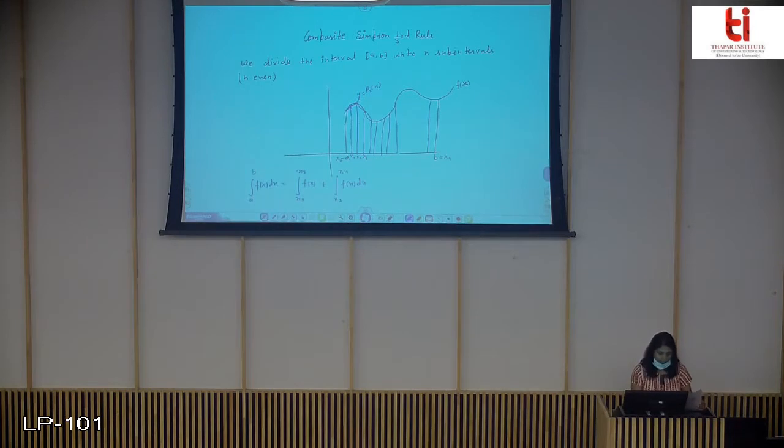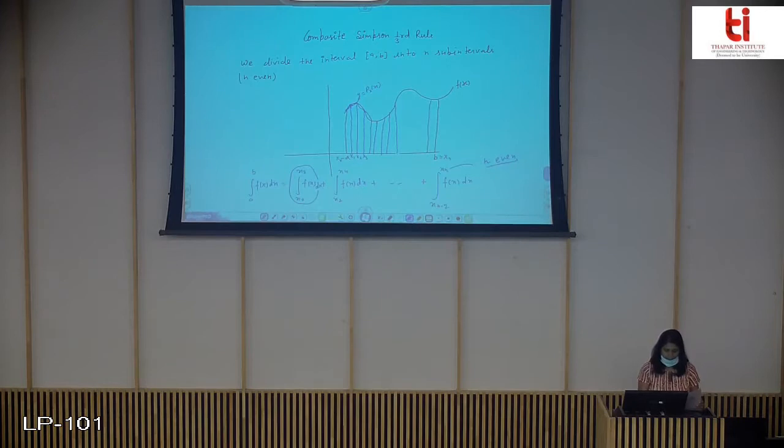So x0, x1, x2, then here we can apply Simpson 1/3 rule, and so on. This can be written as x(n minus 2) to xn f(x) dx. n should be even. Why even? If it is not even, then one of the points will remain left.